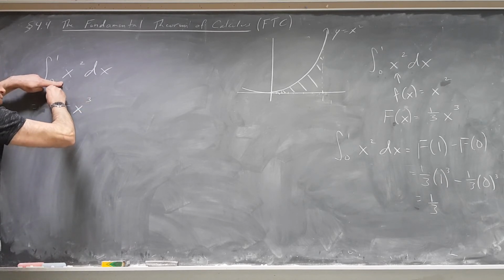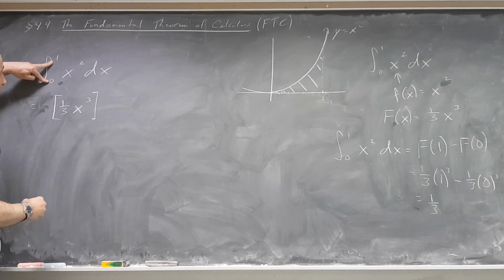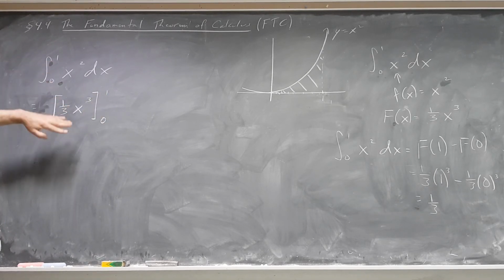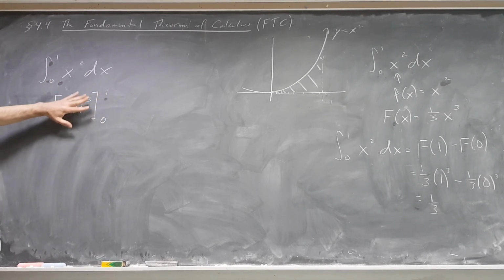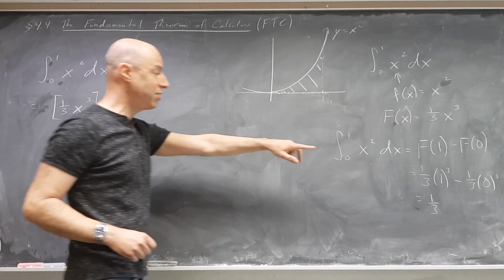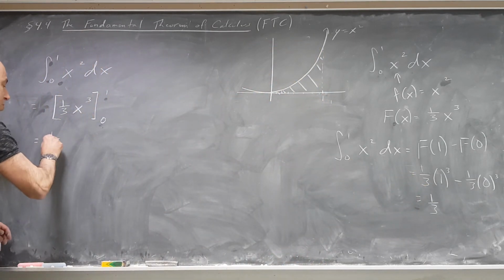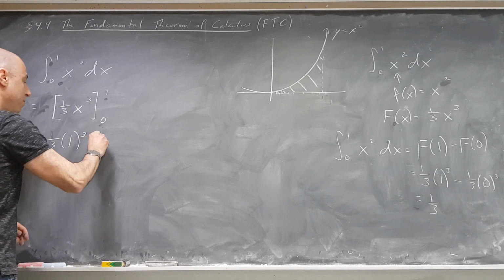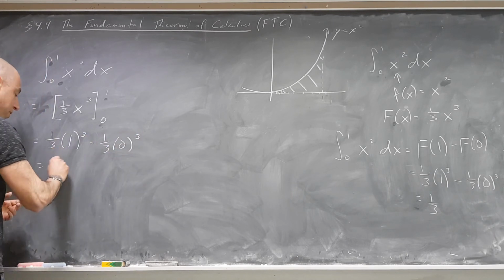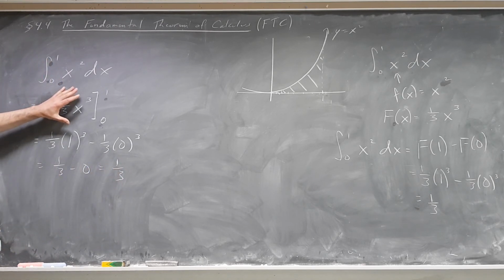We're going to put it in square brackets, and then we're going to put these 2 numbers, the 0 here and the 1 up here. And what that means is plug this number into this and subtract off what you get when you plug this number into this. In other words, exactly the same computation we did over here. This is just a nice, neat way of writing it down. So 1/3 times 1 cubed minus 1/3 times 0 cubed. In other words, 1/3 minus 0, which is 1/3. So a nice, neat notation.